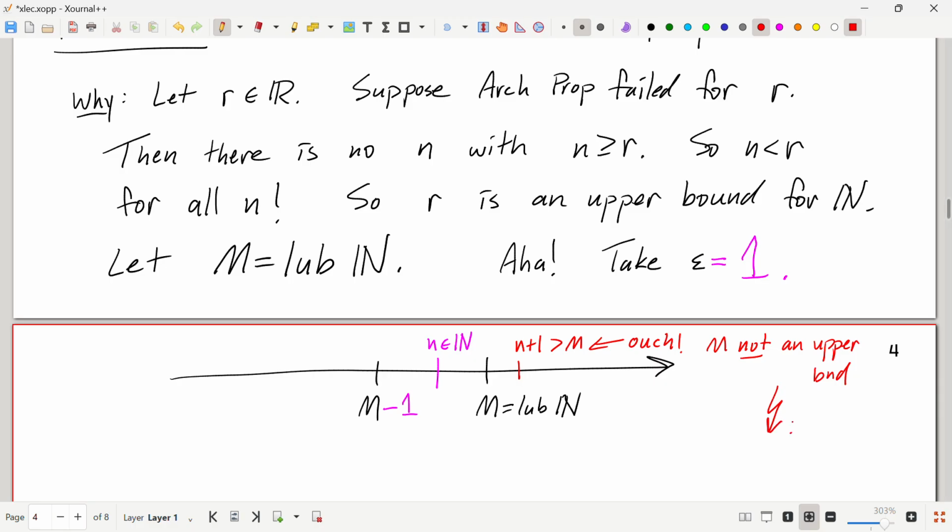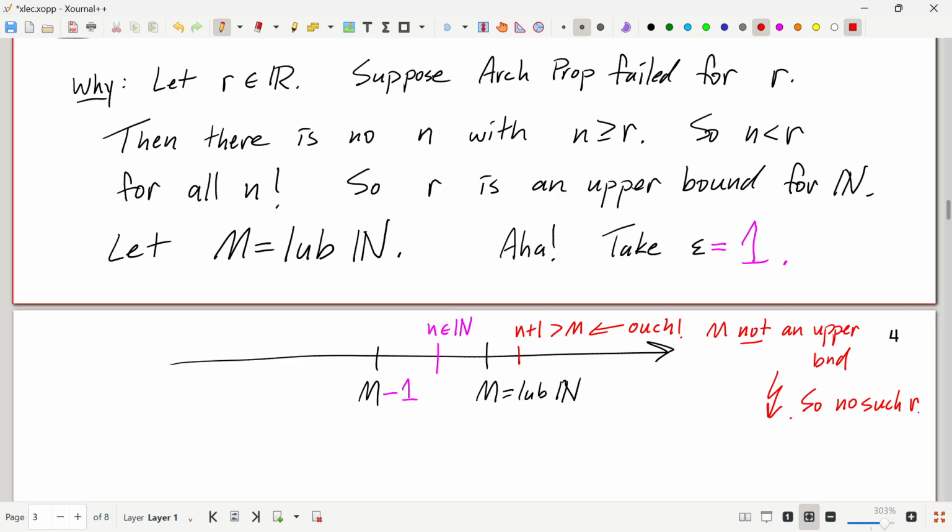And that contradiction means there is no such r. Questions about that? Kind of silly.